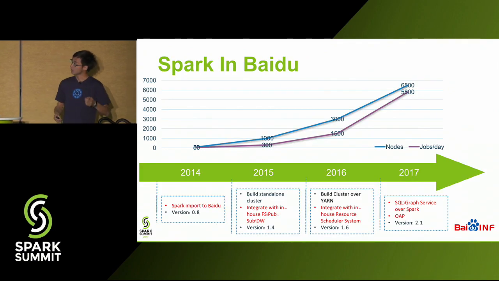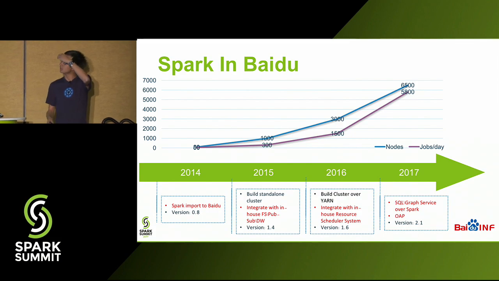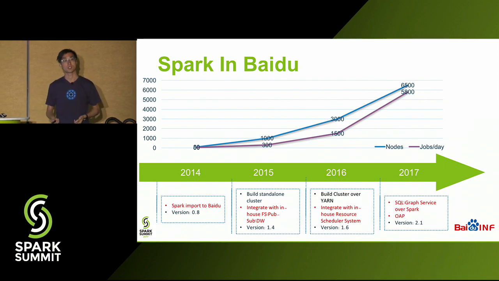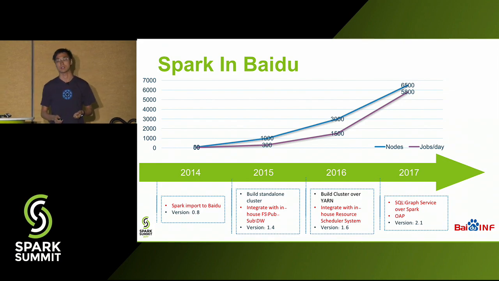Okay, first, details about Spark in Baidu. We introduced Spark in 2014, with version 0.8. 1 year later, we built our own standalone cluster and integrated with many other Baidu in-house systems, like the file system, PubSub system, and DW systems.